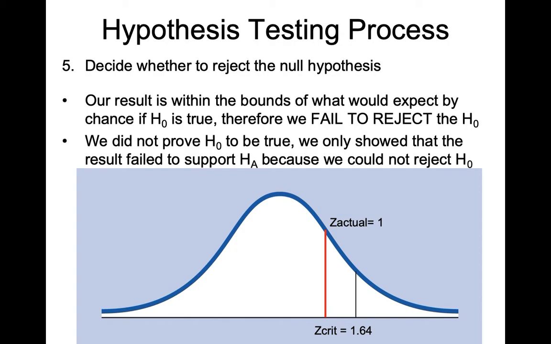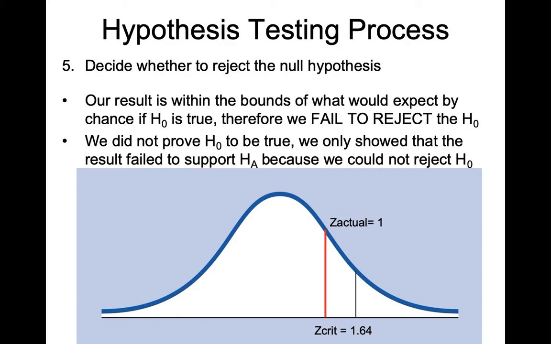All right. Now, importantly, we don't prove the null hypothesis to be true. We only show that the result failed to support our research hypothesis, okay, because we were not able to reject the null hypothesis.